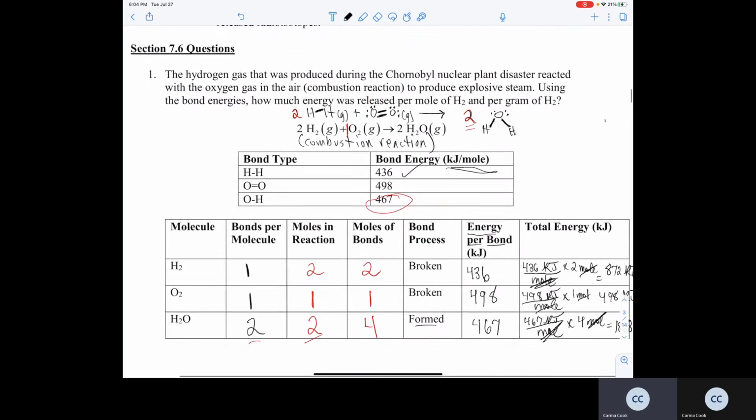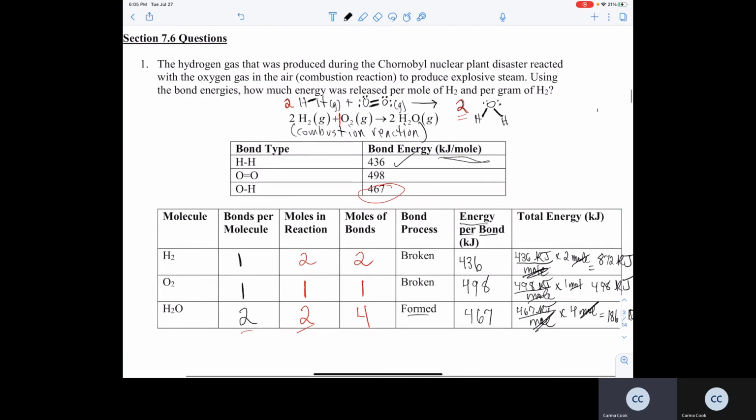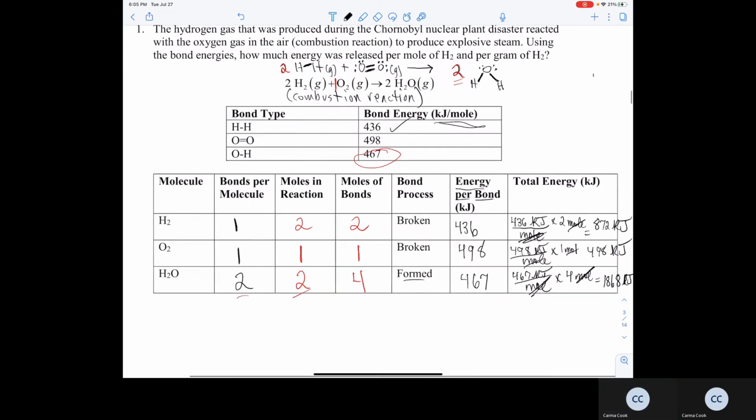And so the question asks, how much energy was released per mole of hydrogen and per gram of hydrogen?